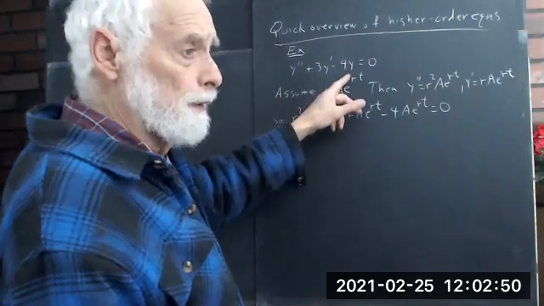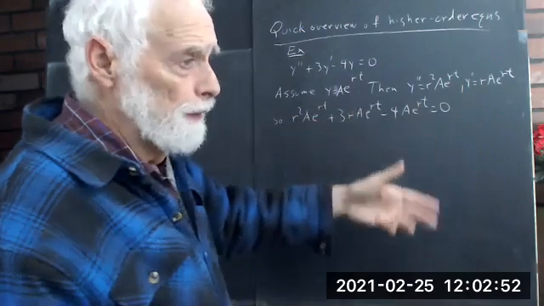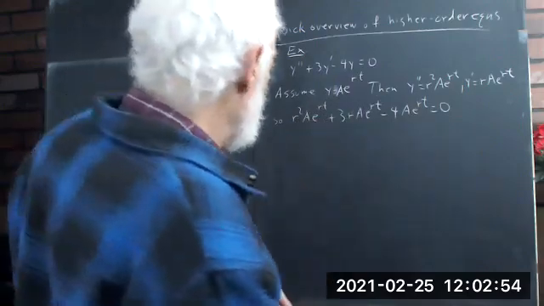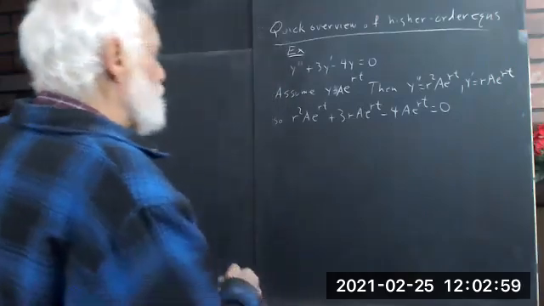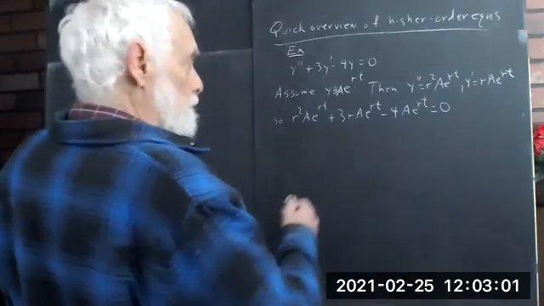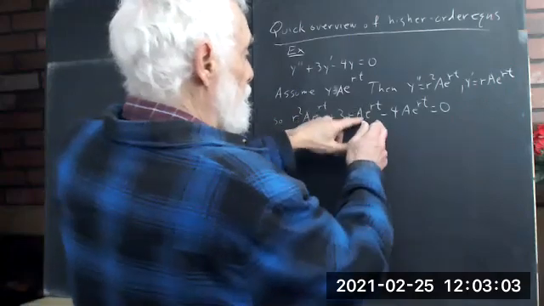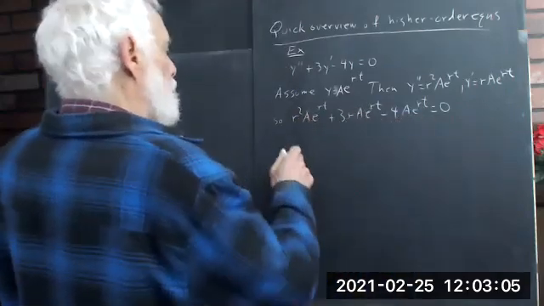Now, if your coefficients aren't constant, then you get reduction of order and stuff, and you're going to see about that. Okay, we have this. If we look at this, we've got an A e to the rt, an A e to the rt, and an A e to the rt.